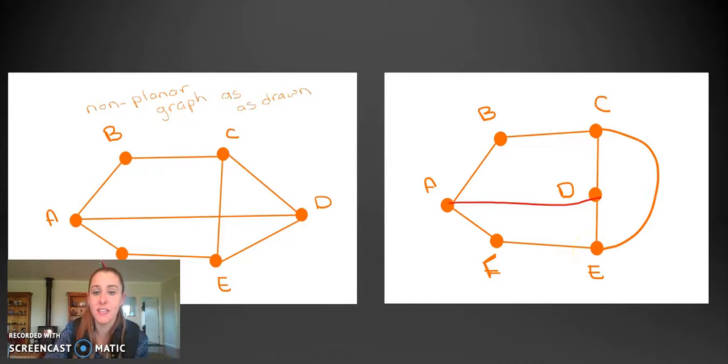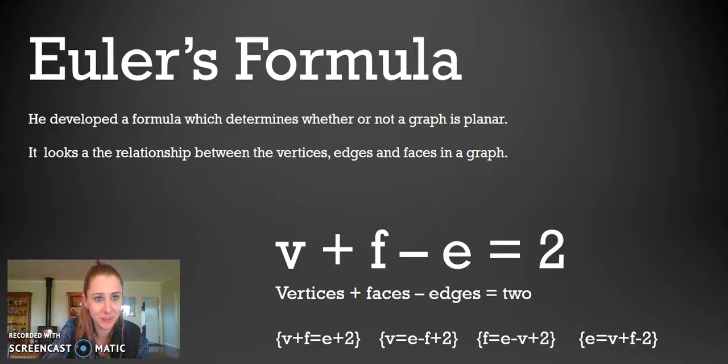Again, make sure, like I needed to, that you have got the same information transferring over and creating your planar graph. That is now a planar graph because there are no edges crossing over and all of the vertices are connected.